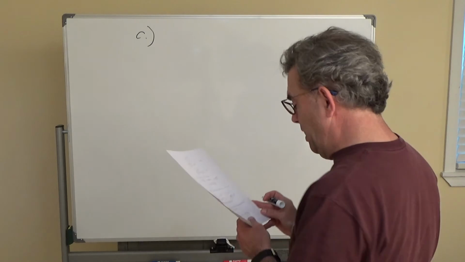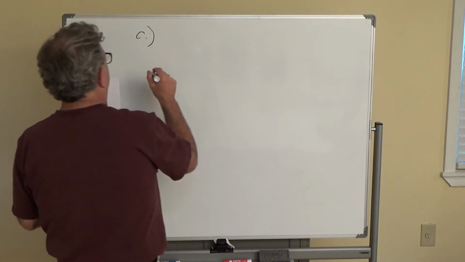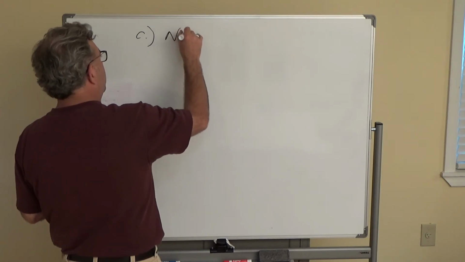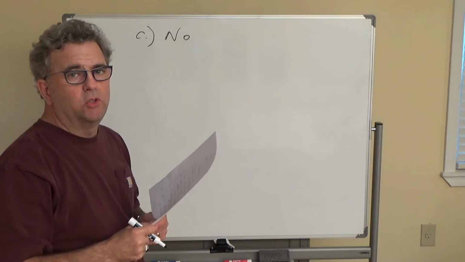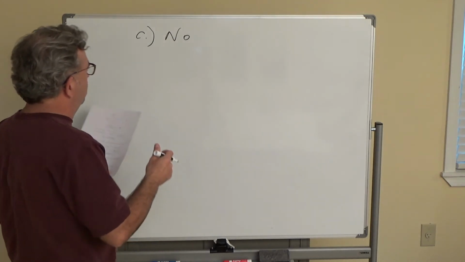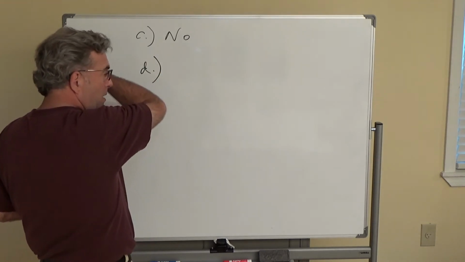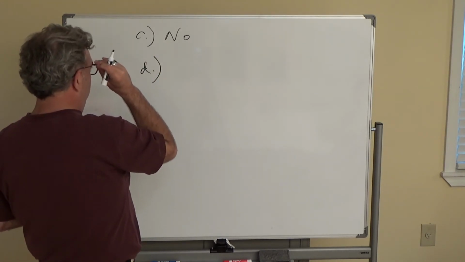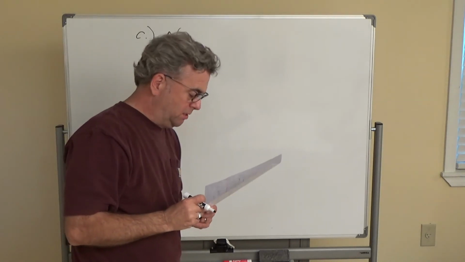So there is a change in the linear momentum, and so this answer is no. The system's linear momentum is not constant, when you think of turntable and clay as the system.